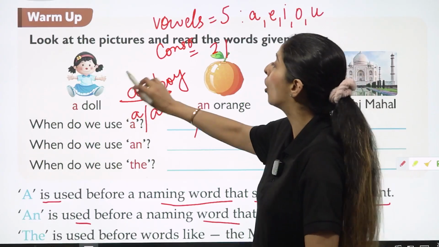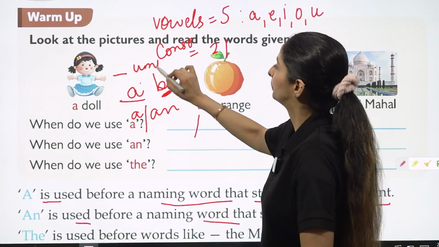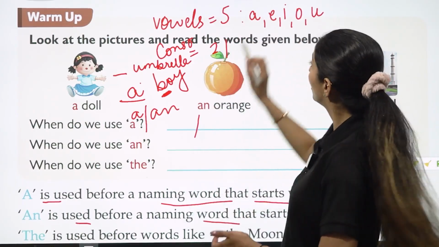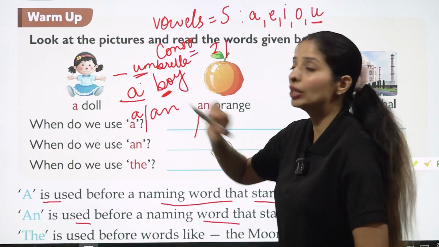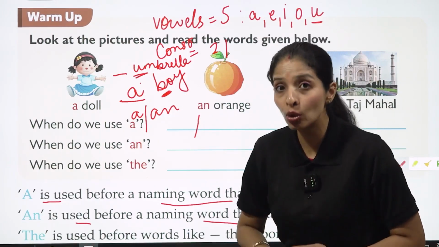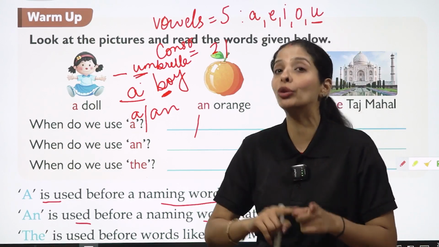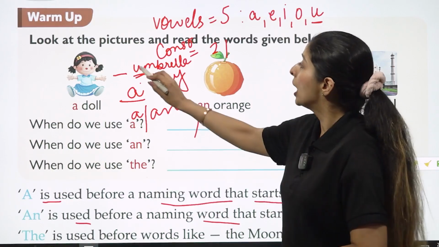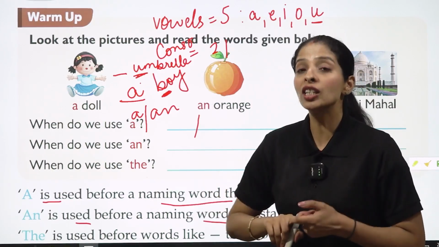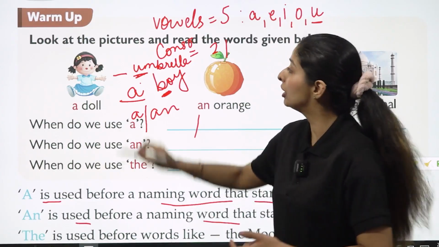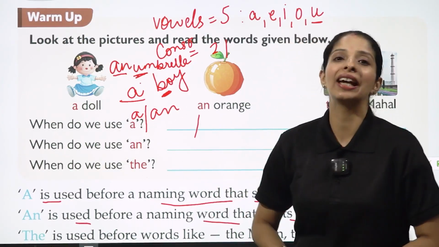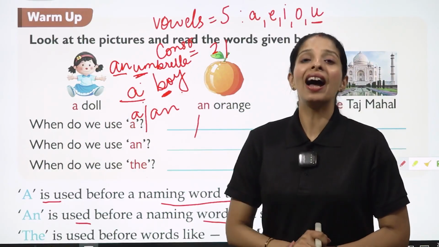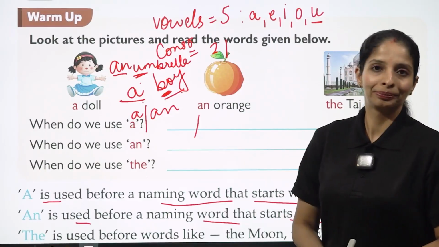Now, if I talk about an umbrella, it starts with U. Before a naming word, as I told you, we write articles, right? So, is U a consonant or vowel? Vowel. So, we'll write an umbrella and a boy.